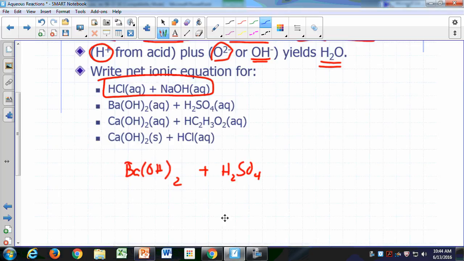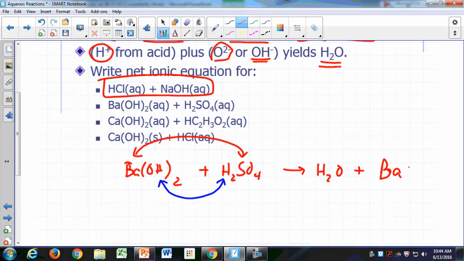Okay, so the H plus from the H2SO4 will combine with the hydroxide to give you water. And the barium and the sulfate will combine to give you barium sulfate. Now, this is aqueous. This is aqueous. Water is a liquid.